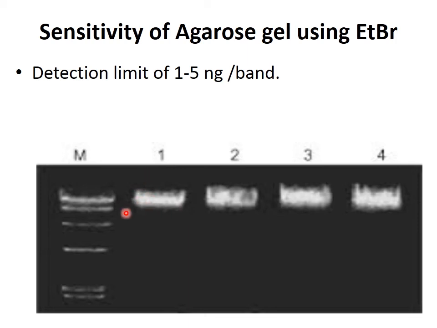So depending upon the rate of migration and by comparing the position of a band of DNA with the standard, we can estimate the molecular mass of that DNA. This is one important parameter which we can deduce from agarose electrophoresis, that is the size of DNA molecules. Another important parameter is the amount of DNA.